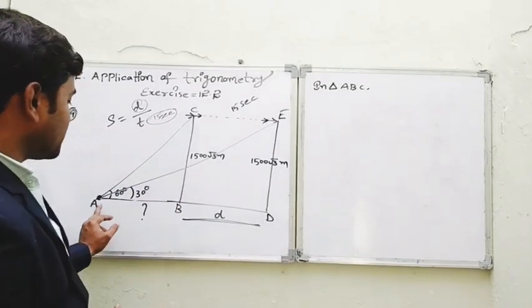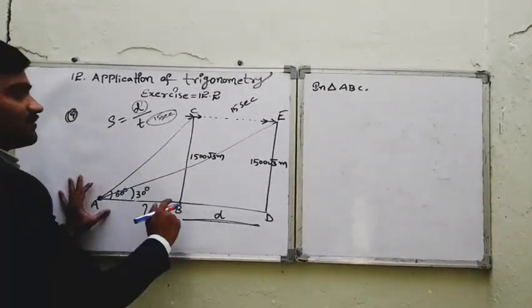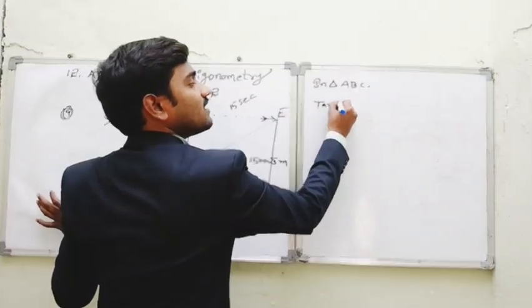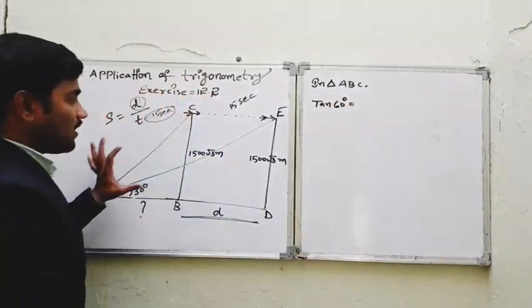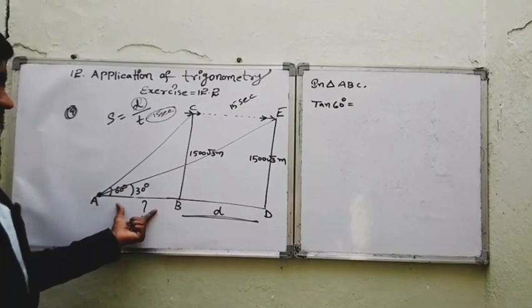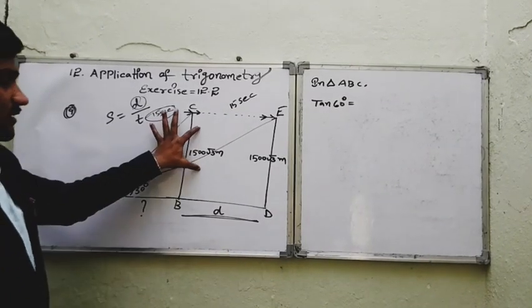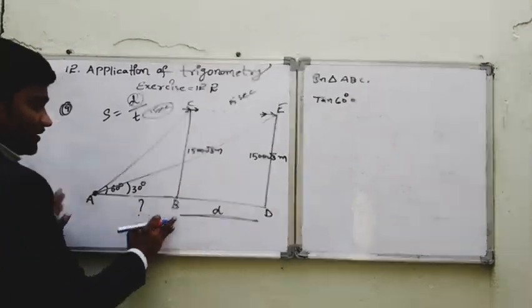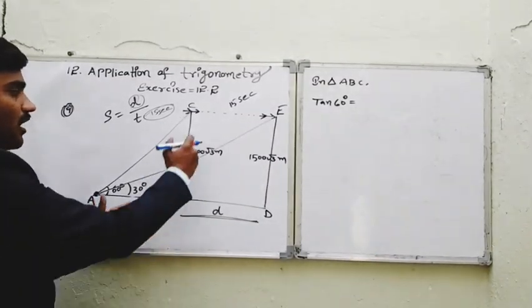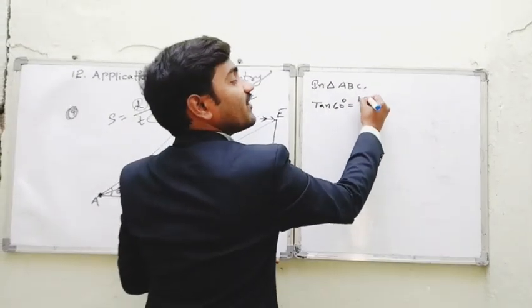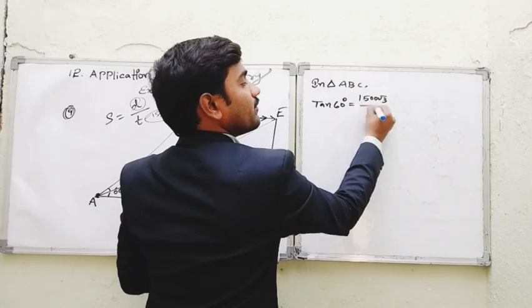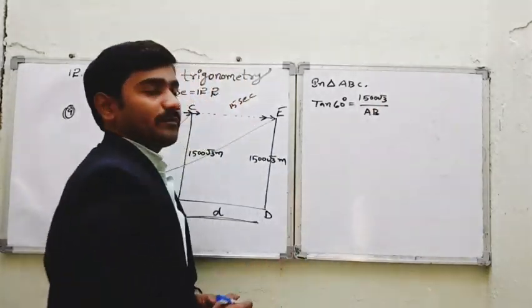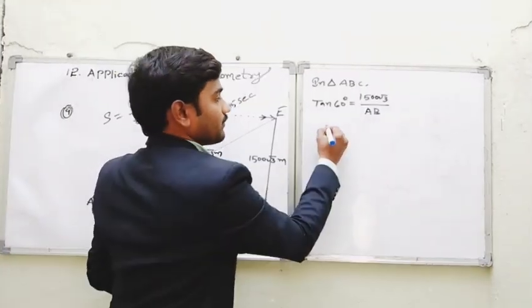So let's see, in triangle ABC, tan 60 degrees equals opposite by adjacent side. Opposite is 1500 root 3, adjacent is AB. Tan 60 equals root 3.